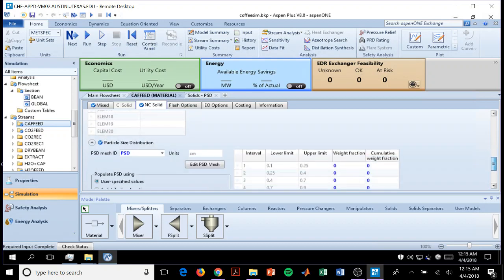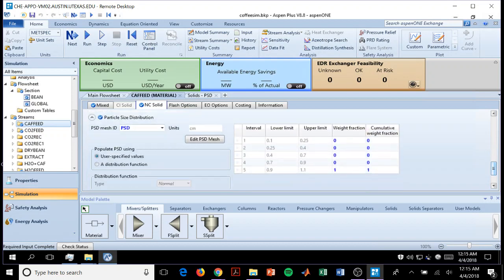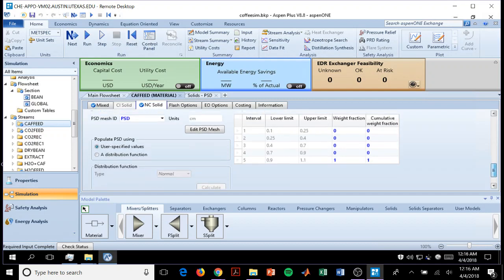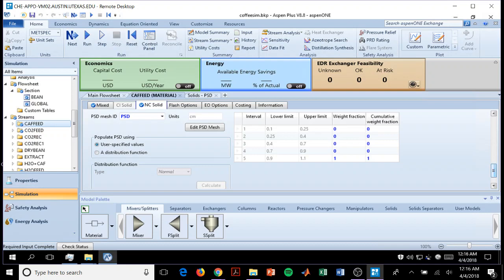It doesn't contain any other components. And then we define the particle size distribution to be between 0.9 and 1.1 centimeters as a way of simplifying the process. And that way Aspen can define what size these coffee beans are going to be and whether they're going to be separated successfully by the centrifuge.